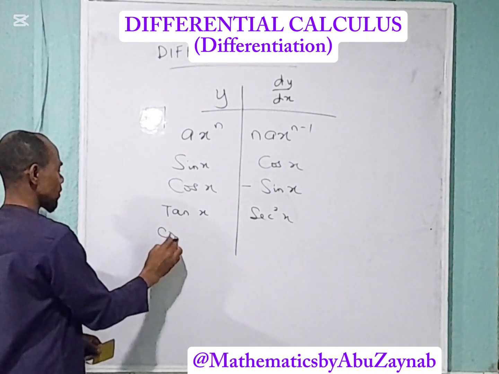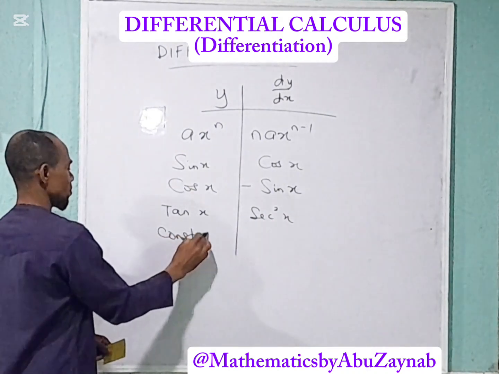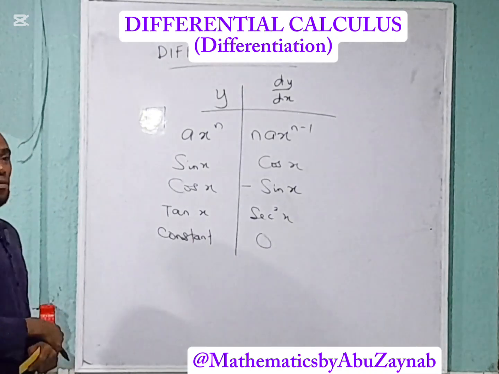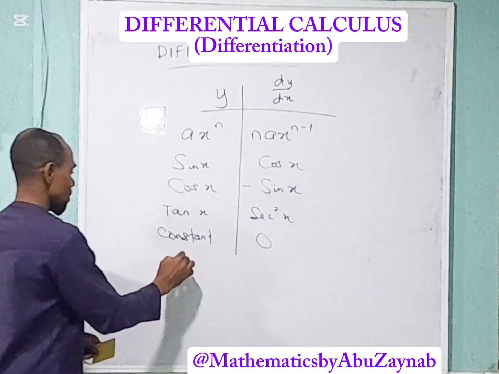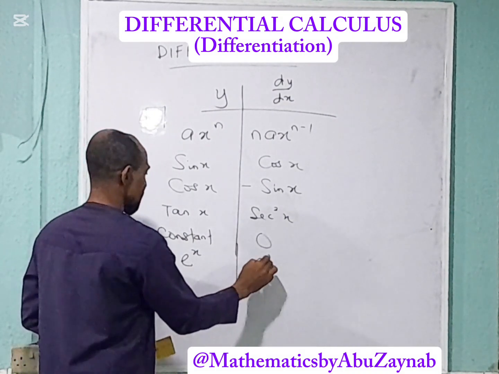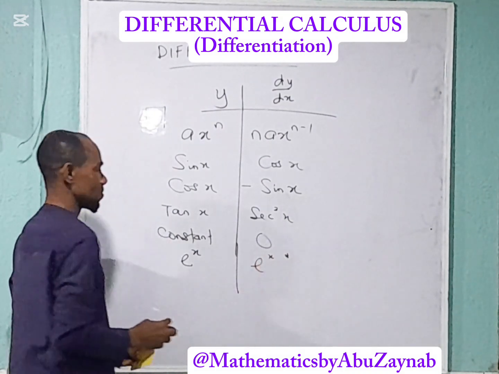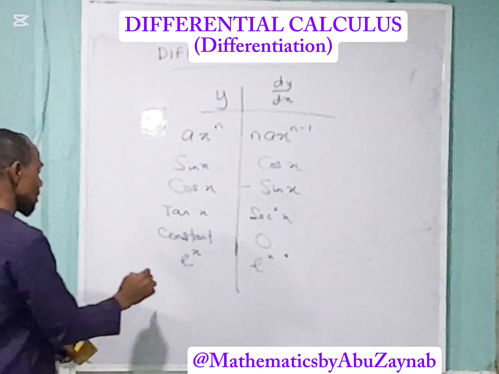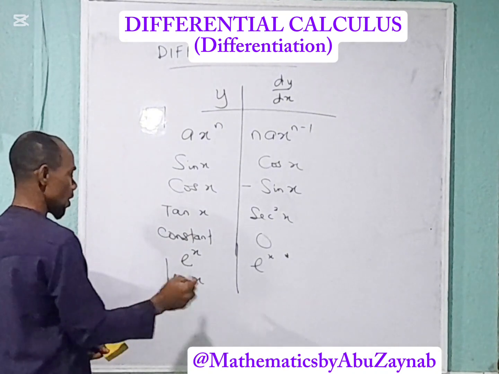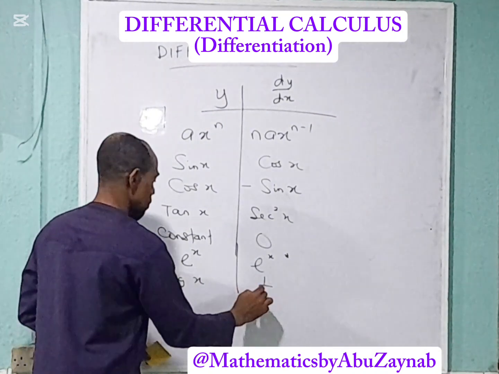Now, if you have a constant, differentiating gives you 0, and so on and so forth. At higher level, you have exponential function, which technically seems to be this. We have explanation there. And if you have a logarithmic function, either log x or ln x, you're going to have 1 over x.